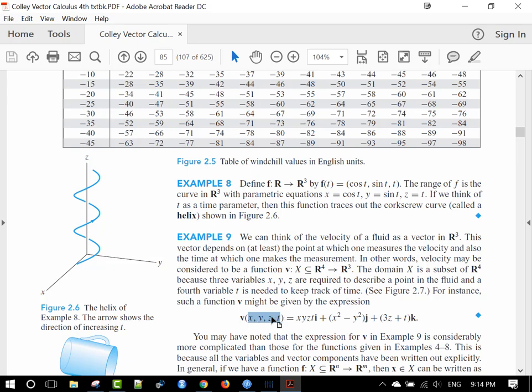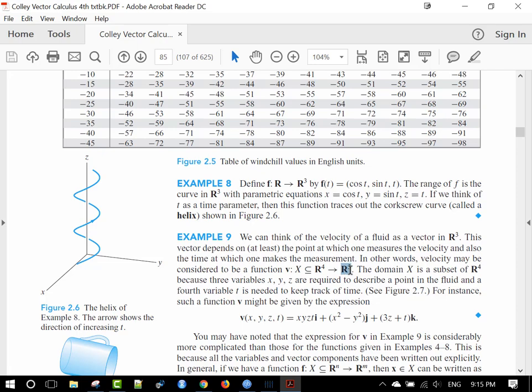So this is a vector input, and it's R4. So we say that the domain is a subset of R4, and the range is going to be the velocity, and velocity can point basically in any physical direction. So it can be anything in R3.